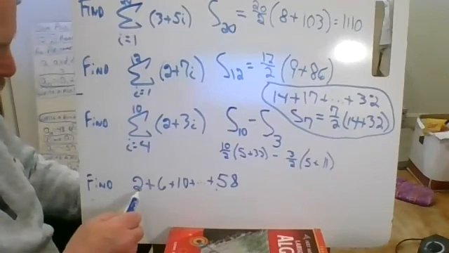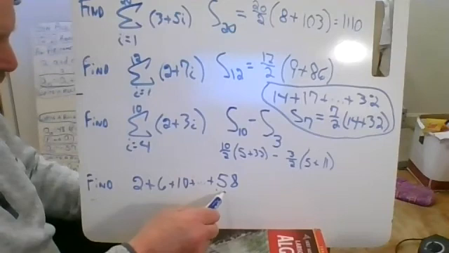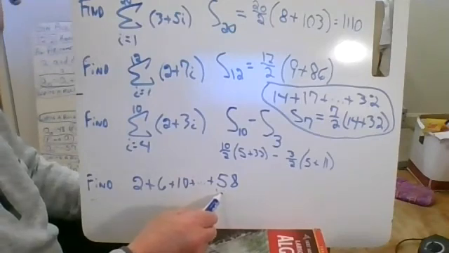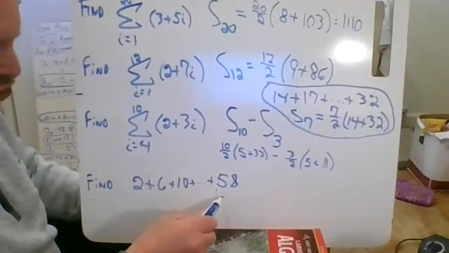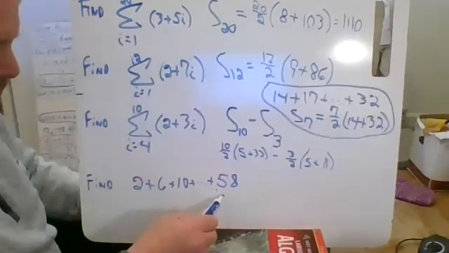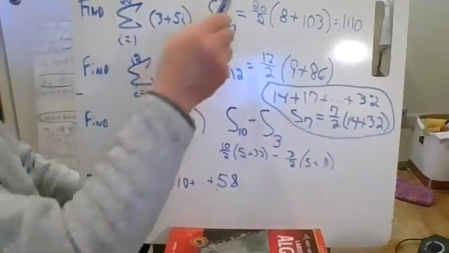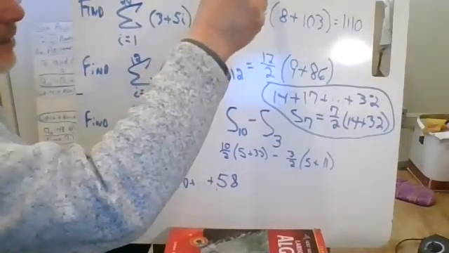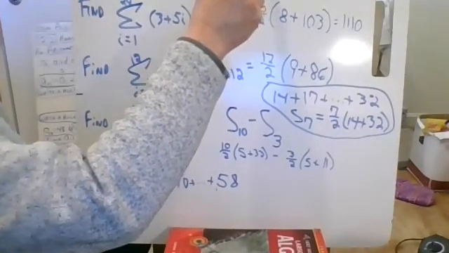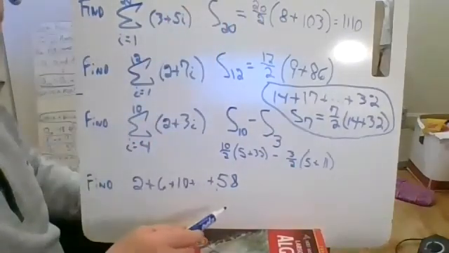Well, you know your first term and you know your nth term, right? What don't you know? For this formula, what do you need? You need n, don't you?